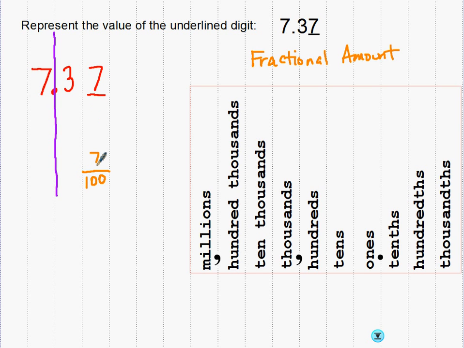So we'll bring our 7 straight on down here. So a 7 in the hundredths place has a value of 7 over 100. That's when we write it as a fractional amount. Now we can also represent it as a decimal amount. Let me show you how to do that.